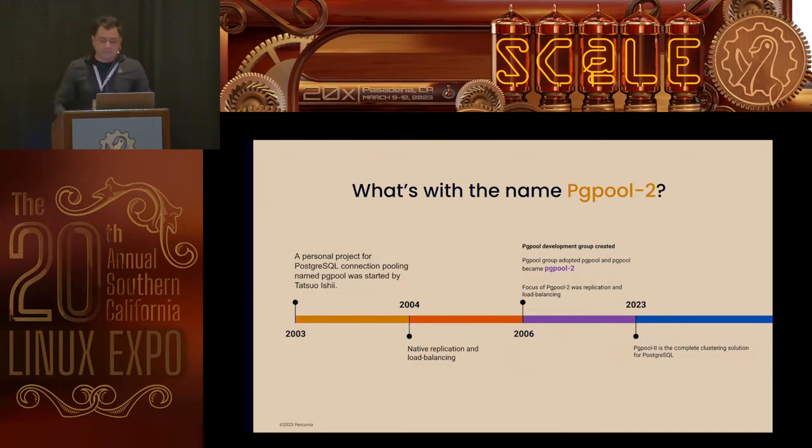Load balancing came about because, to implement replication, Pgpool imported the Postgres parser, because it has to identify which queries are selects and so on. The reason it needs to do that is, for example, with native replication, when a client issues a statement, Pgpool just sends that statement to multiple servers in the hope of getting the data replicated.